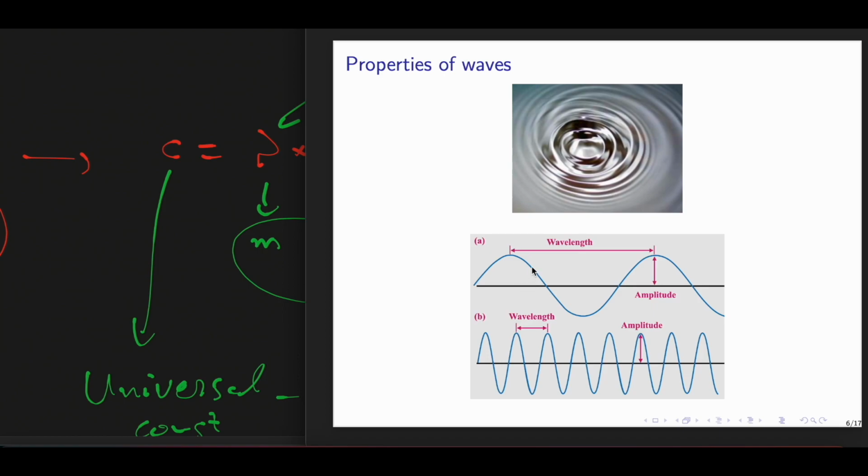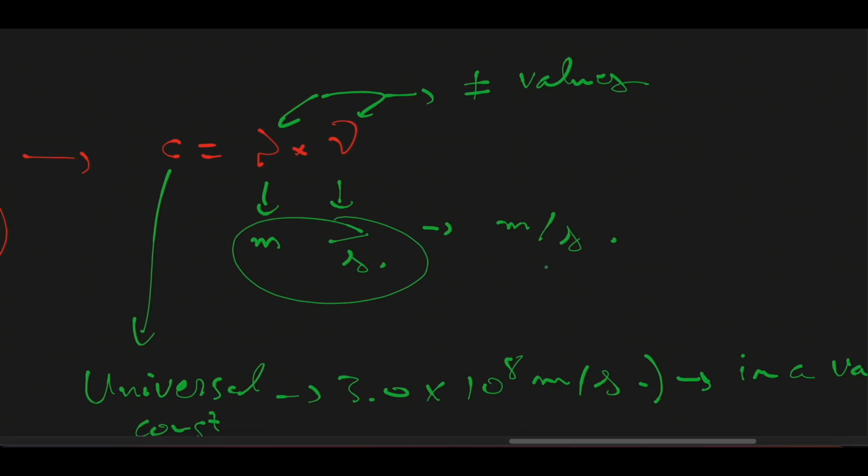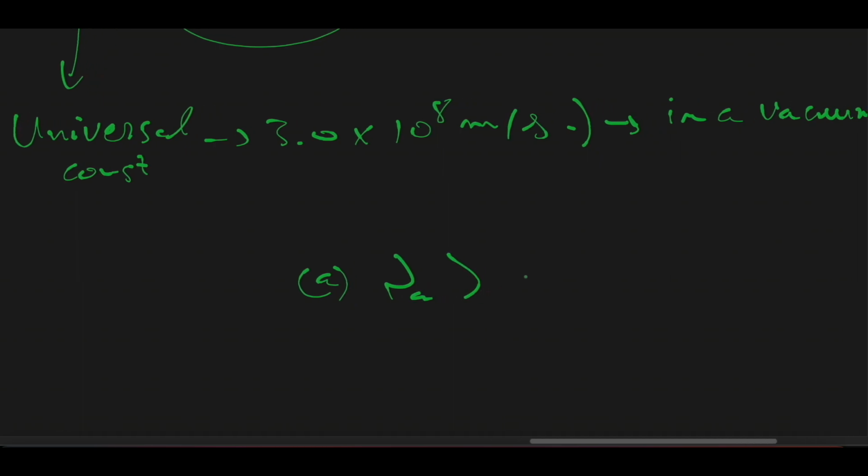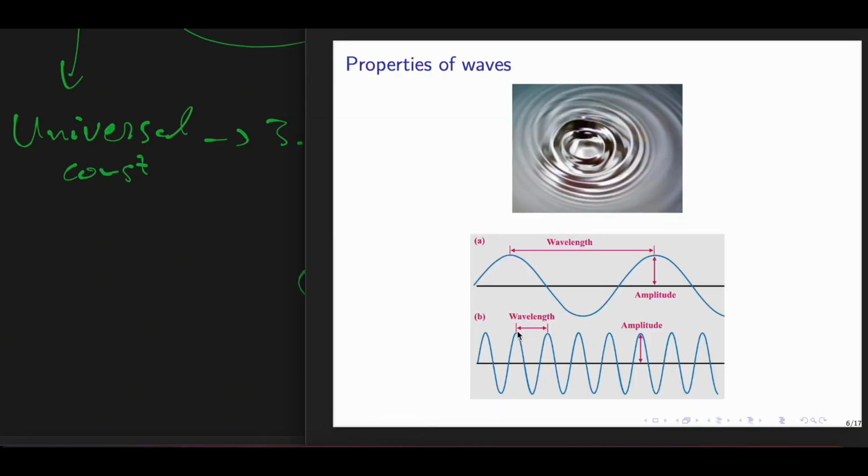Also, if we compare these two waves, we can notice that the first one, in A, has a longer wavelength, and in B it has a shorter wavelength. So lambda A has a longer value than lambda B. But if we observe the frequency, the number of waves that pass through a point in 1 second, we can see that the second wave has a greater frequency.